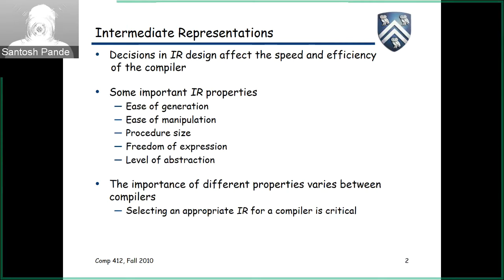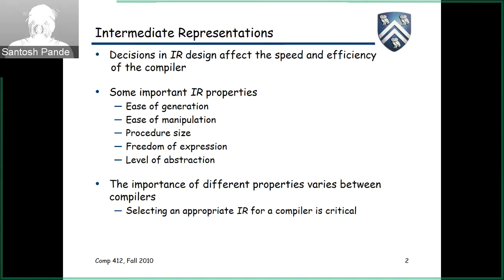Some of these design decisions involved in choosing the kind of IR representation deal with how fast we can generate it. Because if the IR is complicated and we have to expend a lot of time just generating it, then the advantages, at least as far as the speed of compilation, will be compromised.